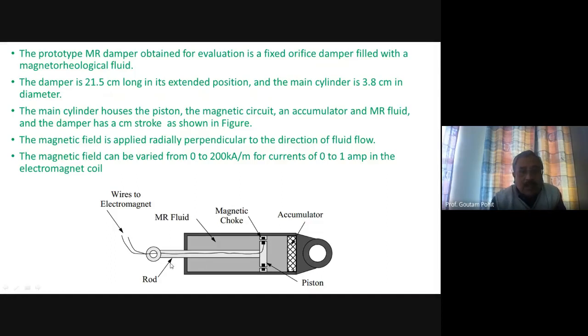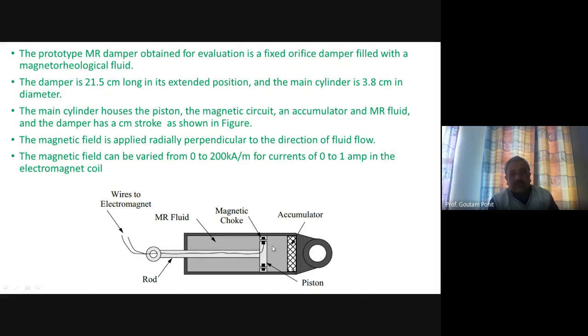This is the rod attached to the actuator, this is the magnetic choke, and this is the MR fluid. When the piston is moving in this direction, fluid moves in this direction, and if we can control the magnetic flux here, we can control the friction here.